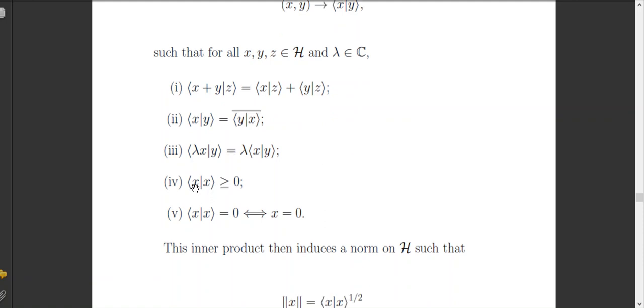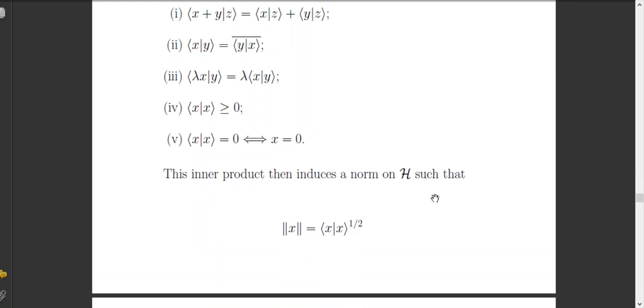And the inner product of x, every element with itself, is greater than or equal to 0, meaning it is a non-negative real number. And the inner product of x and x is 0 if and only if x is 0.